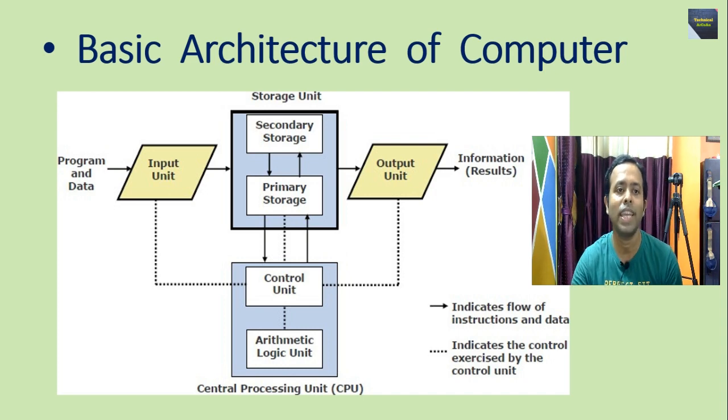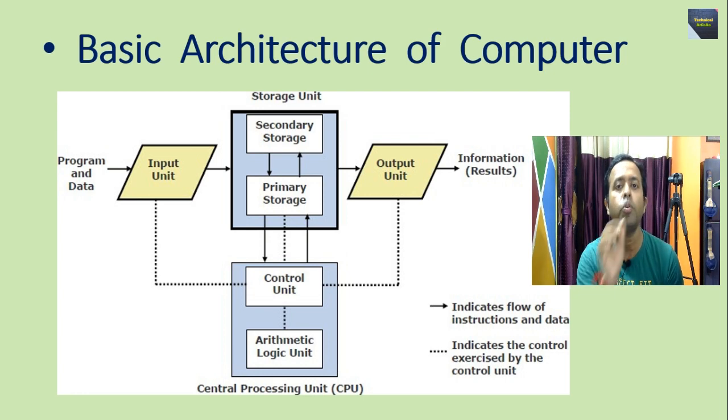Through the input unit, it takes the input as raw data and program, and after that it stores it within the primary memory for current execution, and also stores the data for future purpose in the secondary storage. And where the actual processing is going on, the control unit and the arithmetic logic unit, within the CPU. ALU is responsible to do all the processing, and the control unit is responsible to do the controlling. So jointly they are known as the CPU, the central processing unit, means any processing is done within that.